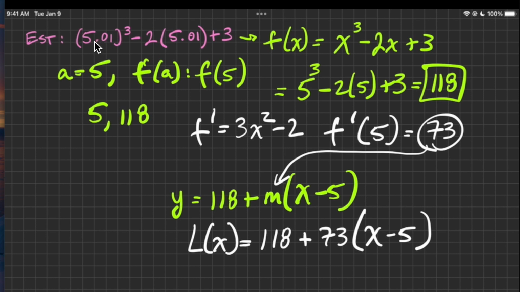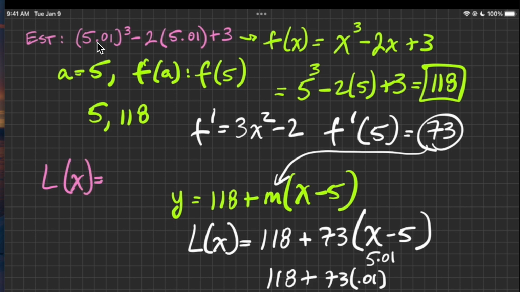Here, the x value they gave us was 5.01. We're going to plug in 5.01 in for x. We're going to end up with 73 times 0.01 plus 118. And you have to trust me on this, that our L of x value equals 118.73.